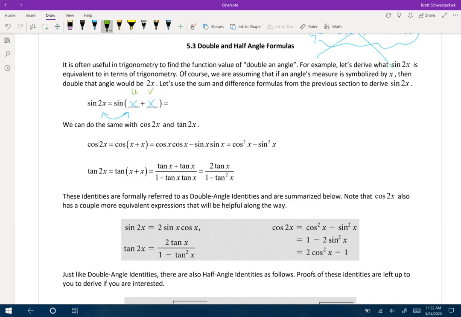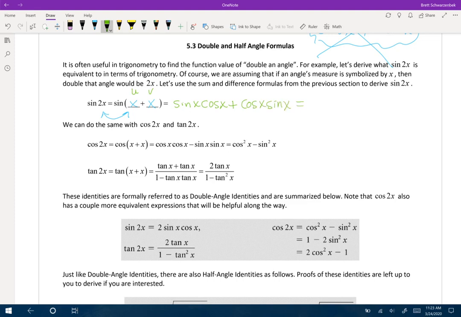So remember that sine of a sum is going to be sine, cosine, cosine, sine, and the plus means it's also going to be a plus in the formula. So we're going to get the sine of u, which is x, times the cosine of v, which is also x, plus the cosine of u, which is x, and the sine of v, which is also x.